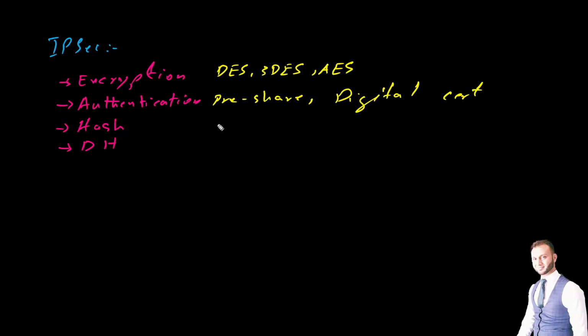And we have hash, which is basically used for the purpose of integrity, and examples would be MD5 or SHA-1. We have other SHA flavors as well, SHA 256, 512, etc. I'll give more details on each one of them. Diffie-Hellman is basically the key length or the strength of the key that would be exchanged between two or more endpoints. Now let me go ahead and put some more light on each one of them.